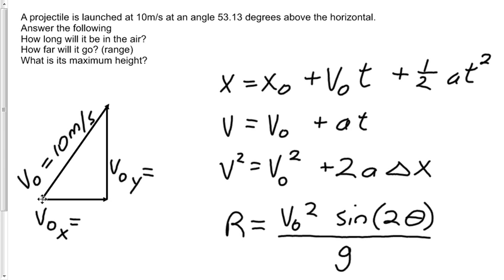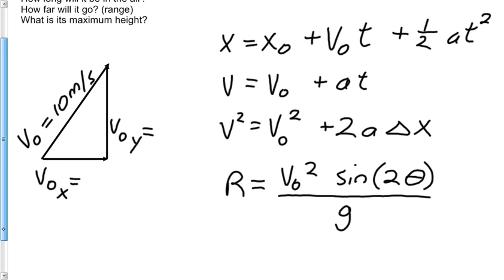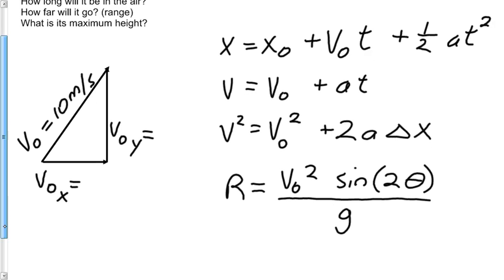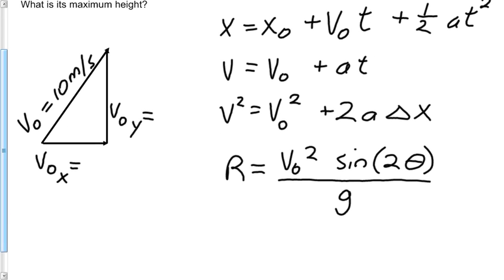So to find those velocities, I can scroll down a bit. What I should probably do at this point is look at what those velocities are, looking at cosine and sine. So for the x direction, we're going to look at the cosine of angle theta times my initial velocity. That's going to equal the initial velocity in the x direction.